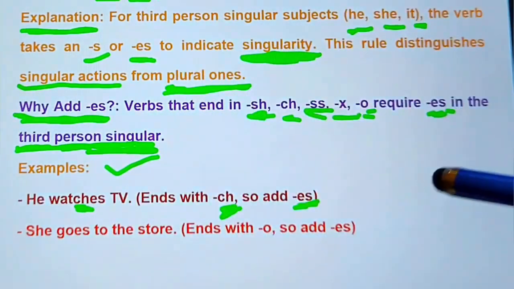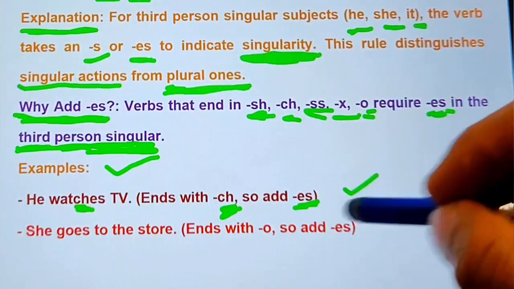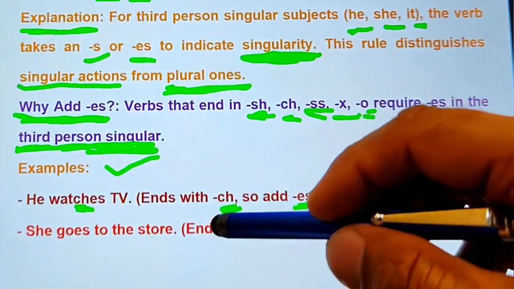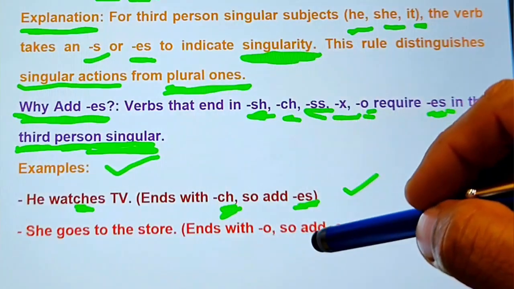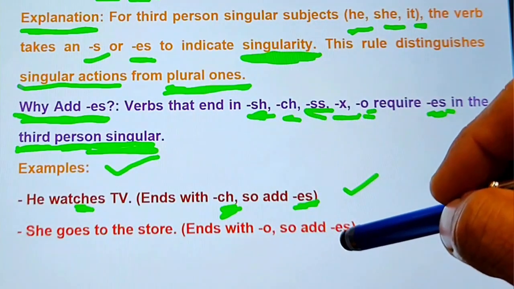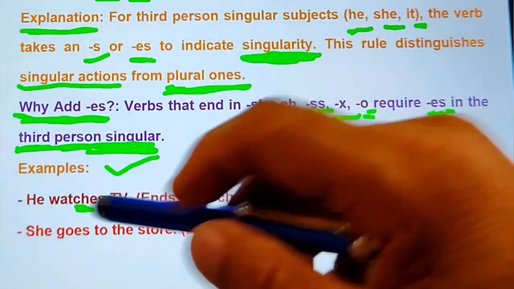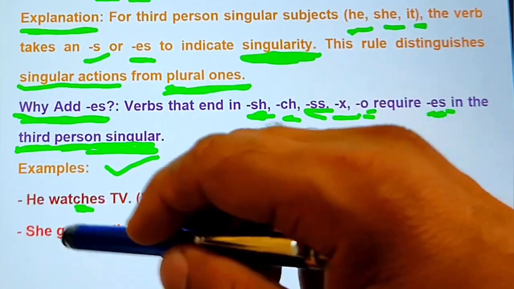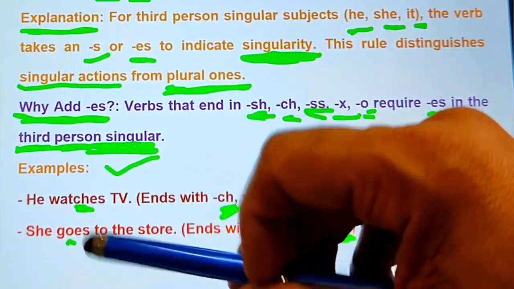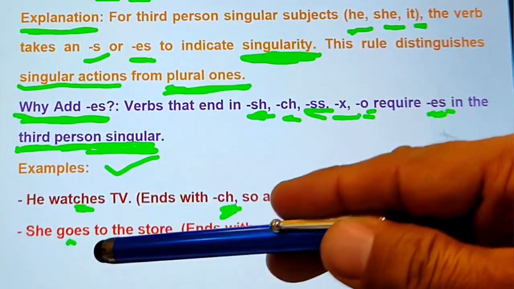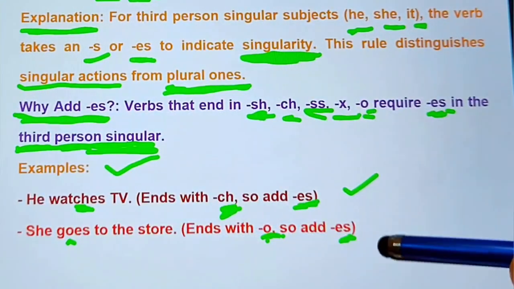He watches TV. And next we have one more example here. She goes to the store. It ends with o, so we add es here. The word "go" ends with o, and we add an extra es, and the sentence will be: she goes to the store.